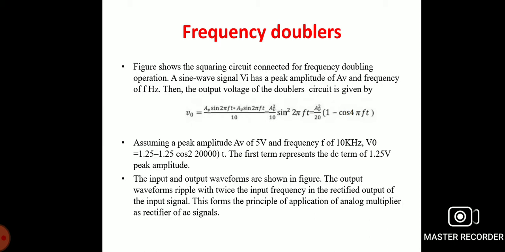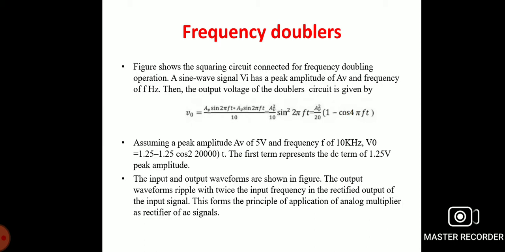Then the output voltage of the doubler circuit is given as V naught is equal to A V sine 2 pi ft into A V sine 2 pi ft divided by 10, that is, minus A V square divided by 10 sine square 2 pi ft, which is equal to minus A V square divided by 20 into 1 minus cos 4 pi ft.